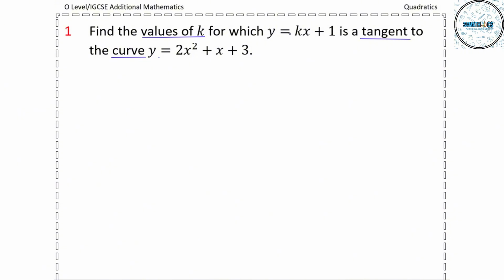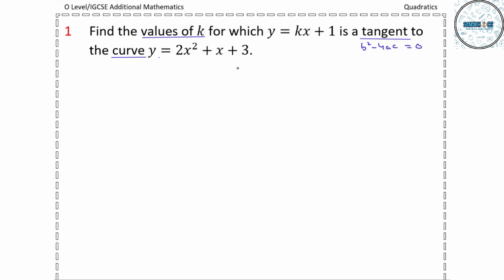We will get the quadratic equation, then we will apply b squared minus 4ac. In this case, the line is tangent to the curve, so b squared minus 4ac is equal to 0.